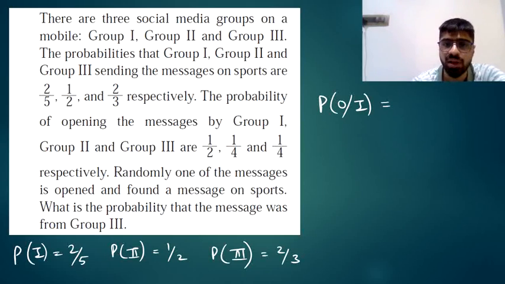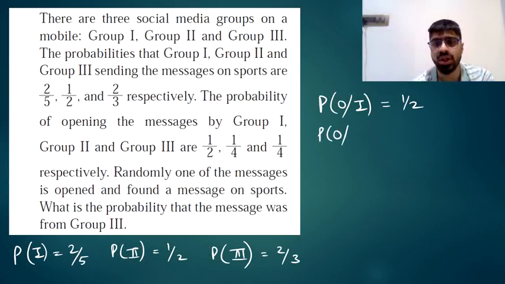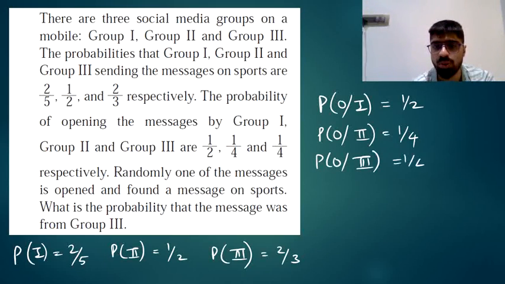The messages sent by group 1, if they are opened, the probability is 1 by 2. So probability of opening given that it is sent by group 1, this is 1 by 2. Probability of the message getting opened given that it is sent by group 2, that will be 1 by 4. And probability of message getting opened given that it is sent by group 3, this is also 1 by 4.